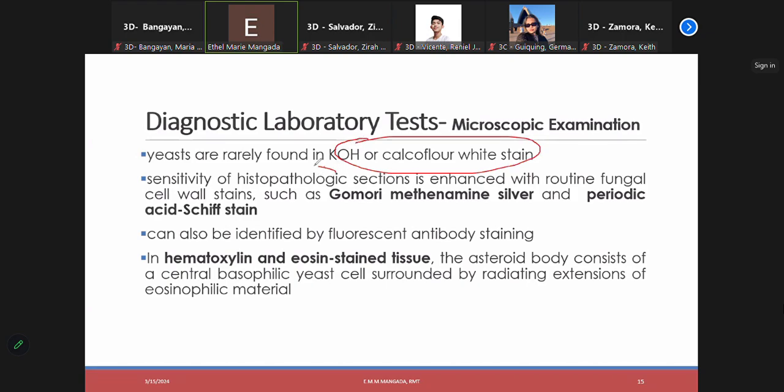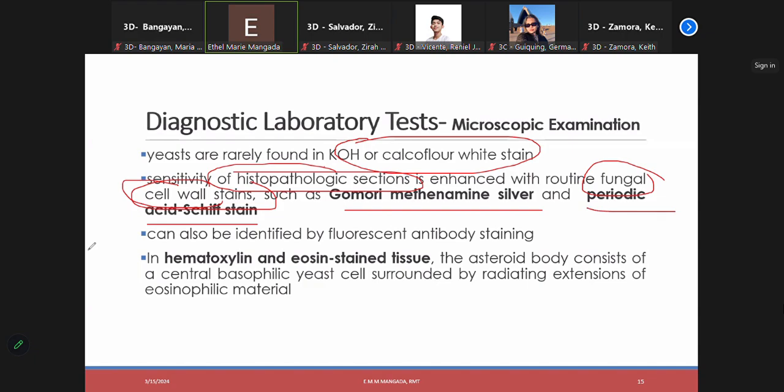Or in the sections to view the presence of your fungus or the yeast cells, we can have your Gomori methenamine silver and your periodic acid-Schiff. You have to remember your periodic acid-Schiff stain is used to demonstrate carbohydrates in your tissue. And do not forget about your fungal cell wall, which is rich in your polysaccharide. So that's why nagpa-positive din sila sa periodic acid-Schiff.